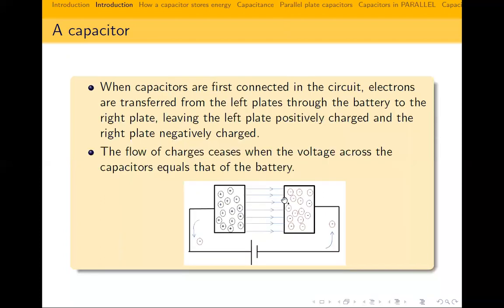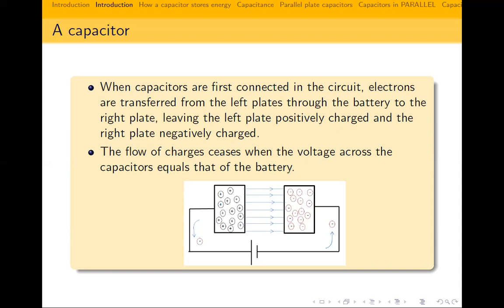In the next slide, what I'm trying to show is that the plates have now attained maximum charges. Like you see, on the left plate you do not have negative charges, you only have positive, and on the right plate you only have negative. So at this stage, the capacitor becomes fully charged, and the potential difference between the plates equals the voltage.